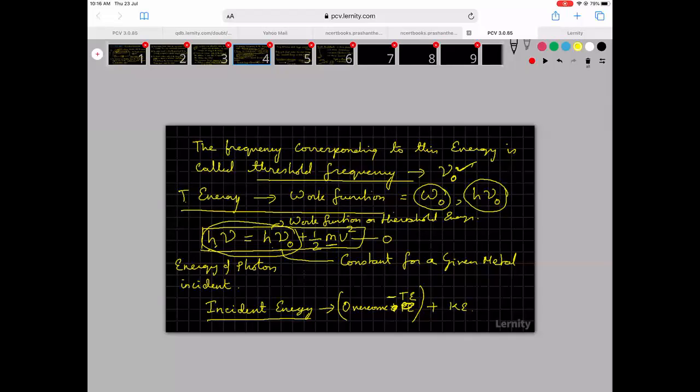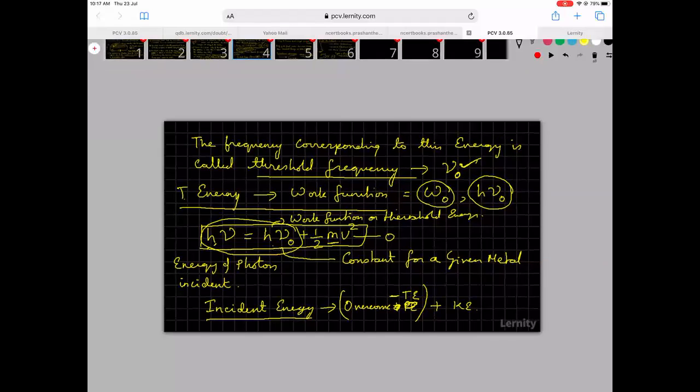That means of the total energy given, part is used to overcome the pull of the nucleus. The rest becomes kinetic energy. The energy required to overcome the pull of the nucleus is a constant for a given metal. So this is the energy of the incident photon.